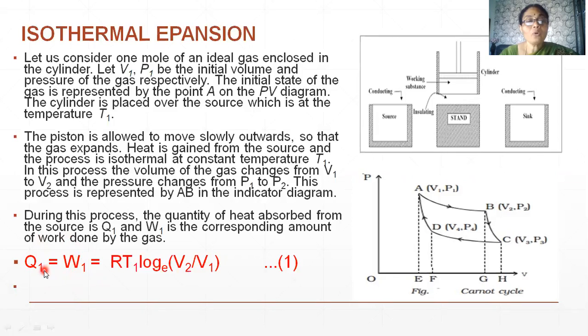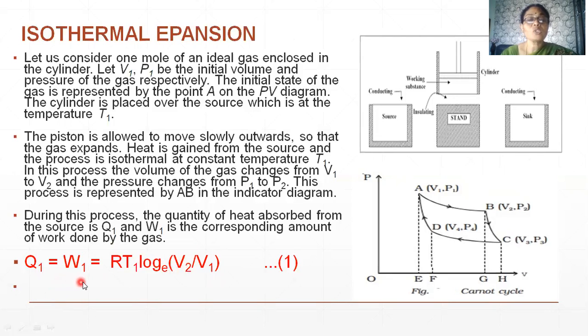So when Q1 amount of heat is given, then an equivalent amount of work is done, which is W1 and is equal to RT1 log V2 by V1. This we have derived in the work done in isothermal expansion process. So T1 represents the initial temperature, V1 and V2 represent the initial and final volumes, R is the universal gas constant.